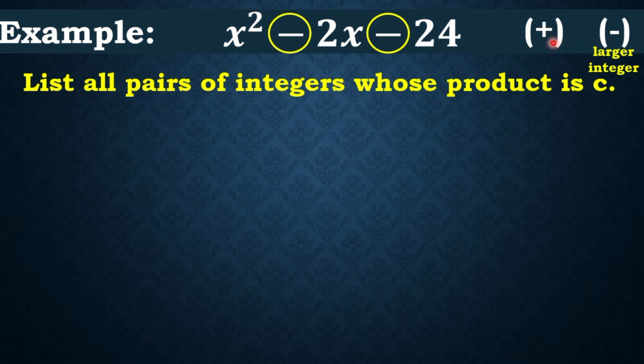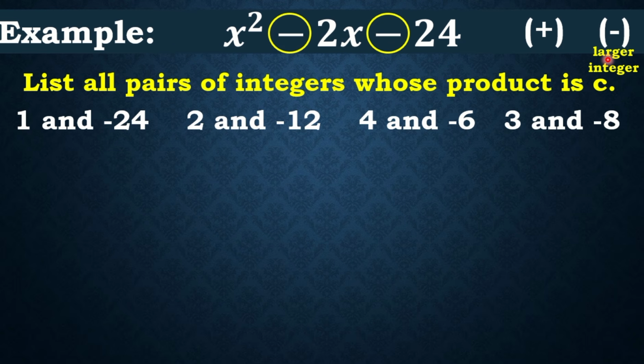Since minus ito, ang negative ay ilalagay mo sa mas mataas na integer. So, lagay natin lahat. 1 times 24 is 24, 2 times 12 is 24, 4 times 6 is 24, 3 times 8 is 24. So, as you can see, lahat ng negative nilagay ko sa mas mataas na number.